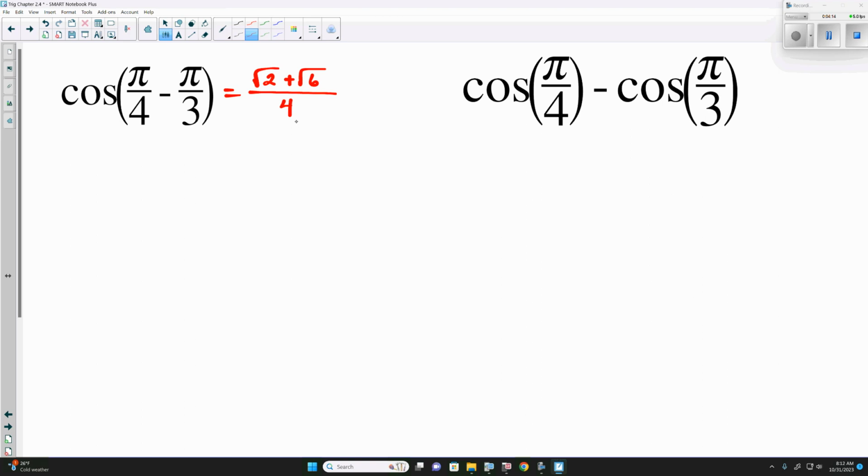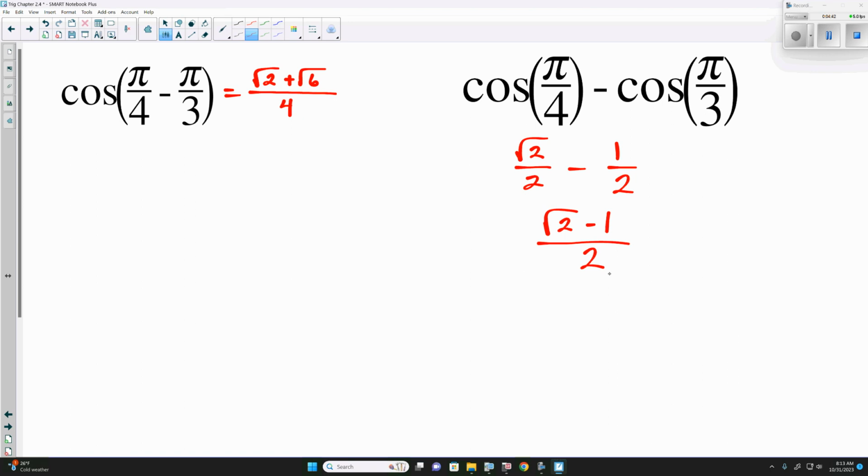If we took these individually, cosine of pi over 4 minus cosine of pi over 3, we get a different answer. We can't just split it up and take the subtraction of them, because cosine of pi over 4 is square root 2 over 2, and if we subtract from that cosine of pi over 3, which is 1/2, we just get the square root of 2 minus 1 over 2.